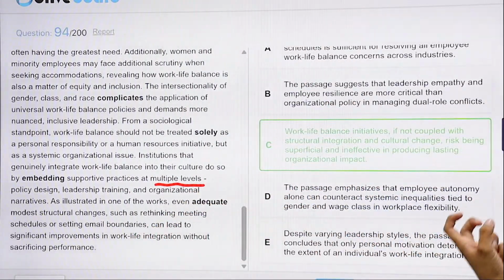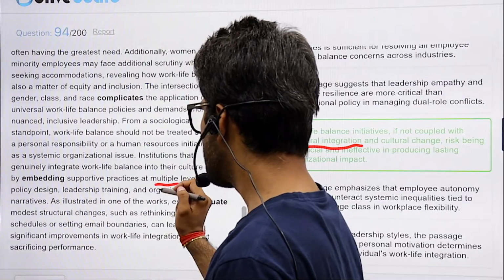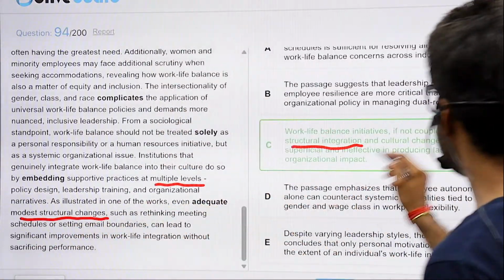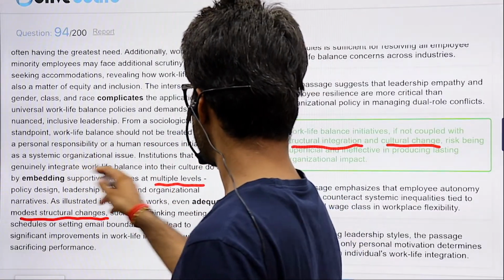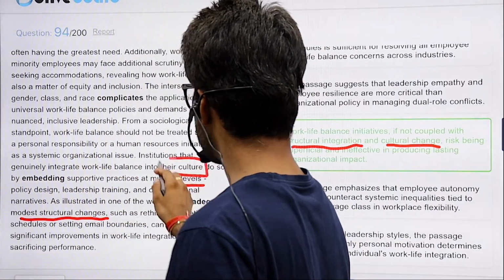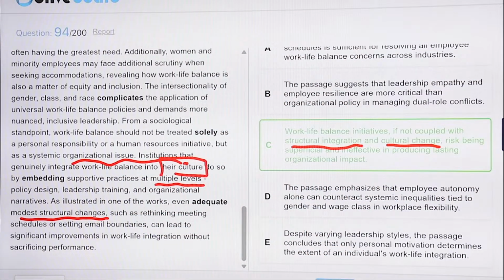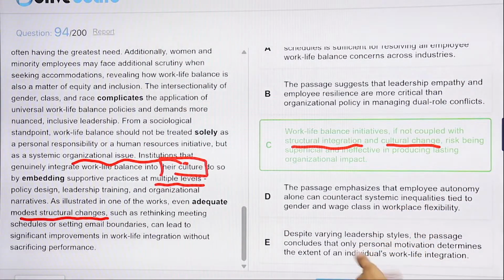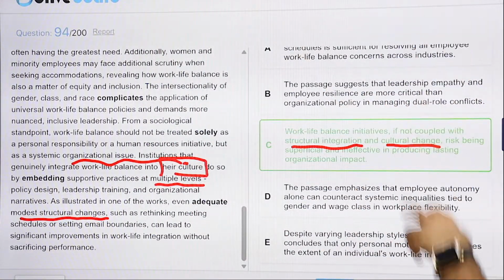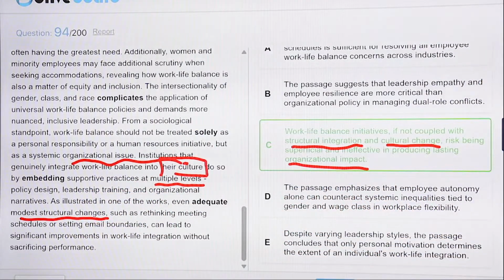If not coupled with this structural integration, we are discussing the structural changes, and cultural change, of course, we are discussing, into their culture. You integrate work-life balance into your culture. So both of these are there. If not coupled with these, organizations risk being superficial, ineffective in producing lasting organizational impact. Of course, we have to produce organizational impact, and that too the lasting one.